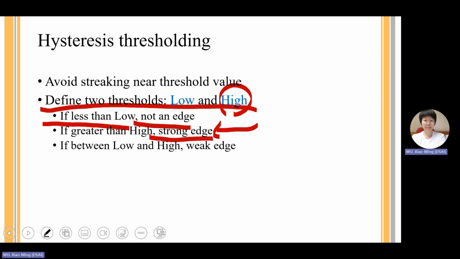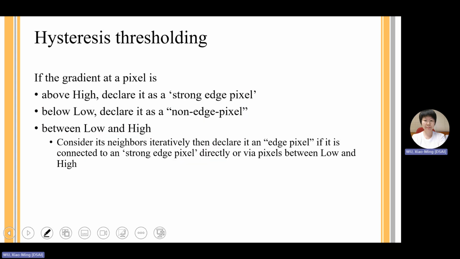Then what about those in between low and high? Then it depends on whether these weak pixels are connected to strong edge pixels. And if they are, then they're also considered edge pixels.